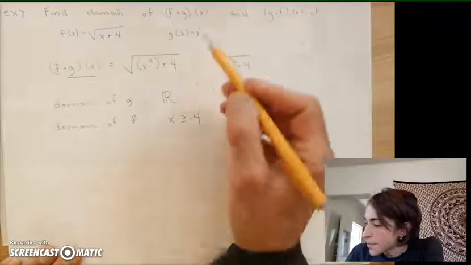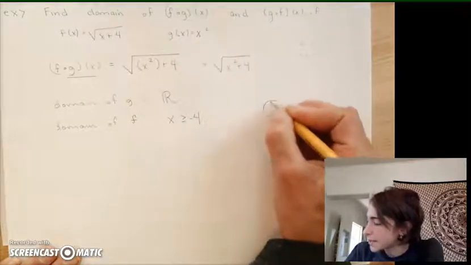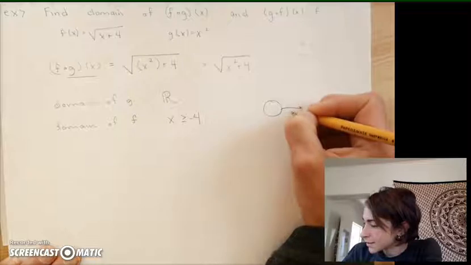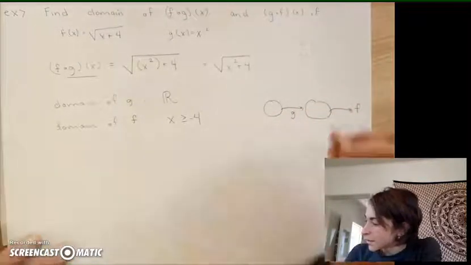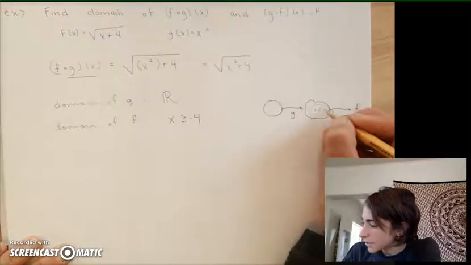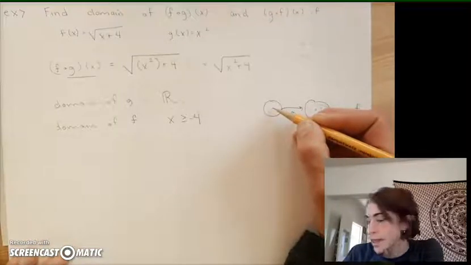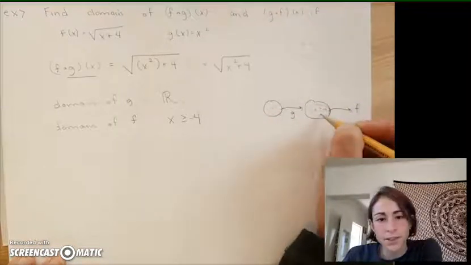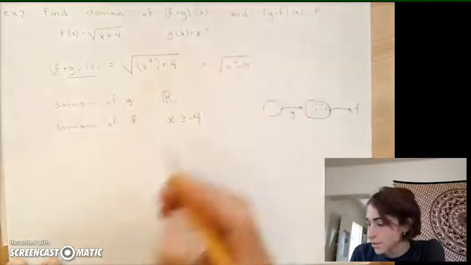So I'm doing first g and then f, but the only things I'm allowed to plug into f are x bigger than or equal to negative 4. If I plug anything into the g function, is it going to be greater than or equal to negative 4? Of course it is, because g is positive.